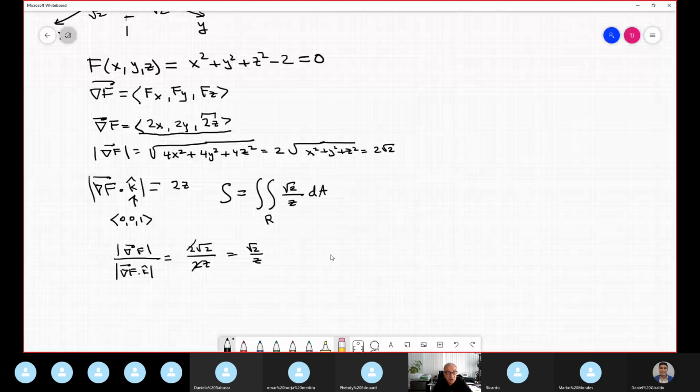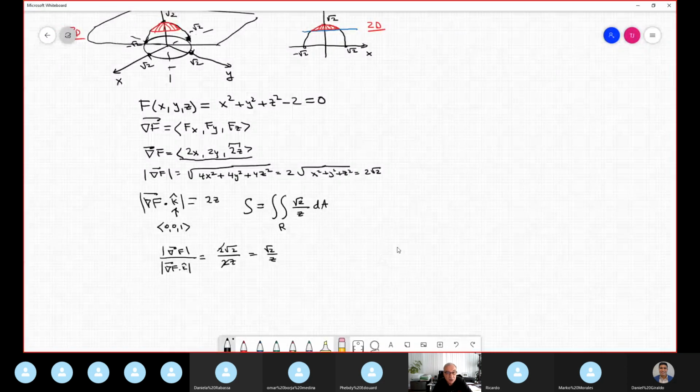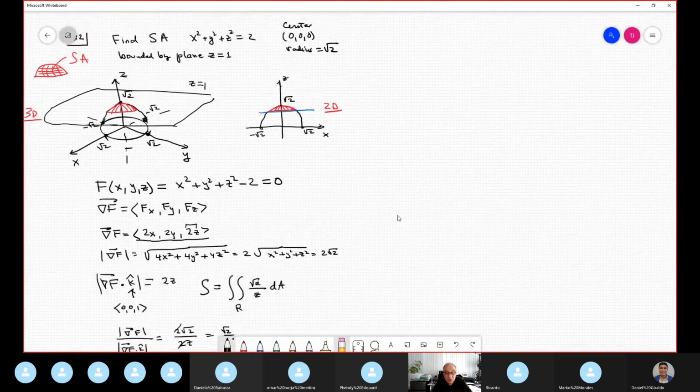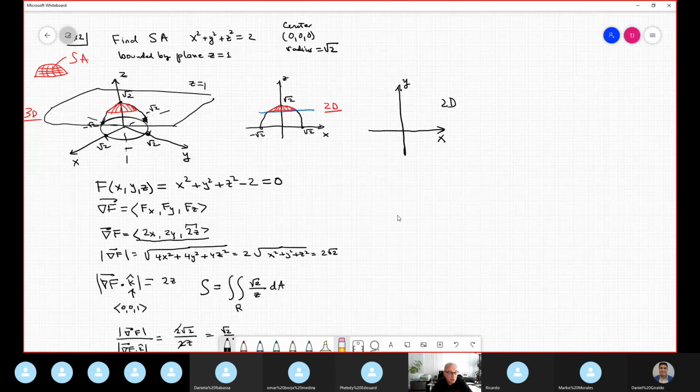Well, I need to determine the region R. I need to do another sketch in 2D. Okay, we have the X and Y axes. Then, when you project this onto the XY plane, I suppose that we have another circle, but a small circle.